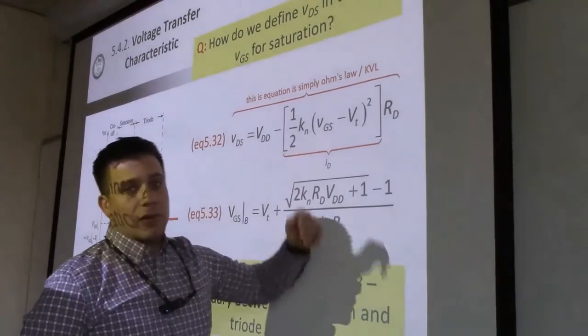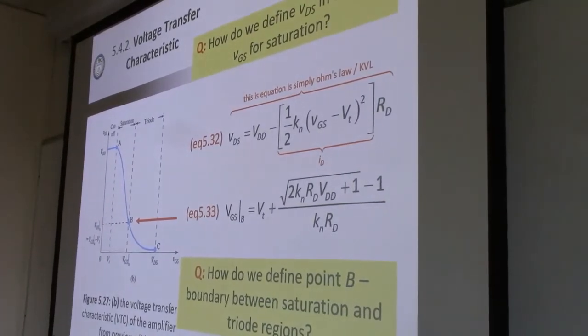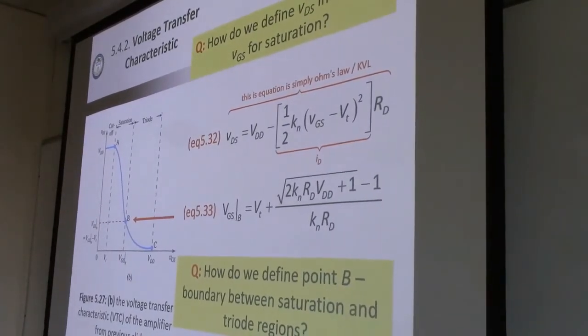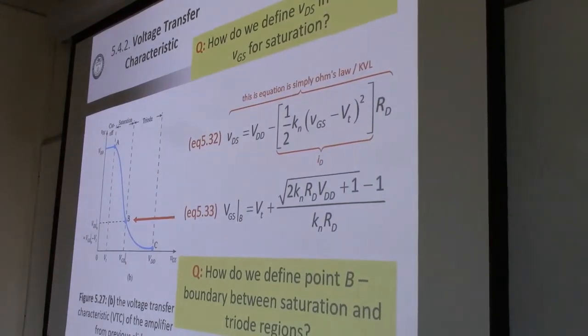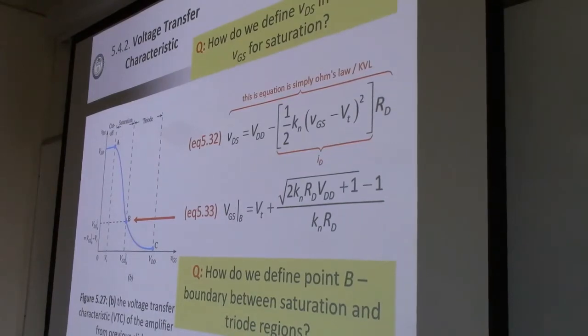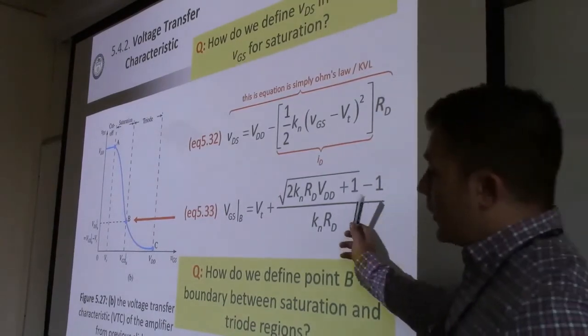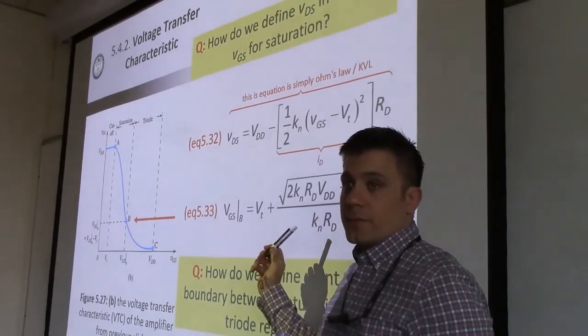And that's just an inversion of what's shown above. So when we're talking about using the amplifier, we need to stay between point A and point B. We need to stay between VGS equal to VT on the low end, and then on the high end, we need to stay below this, where VGS is equal to this value, given by the equation.